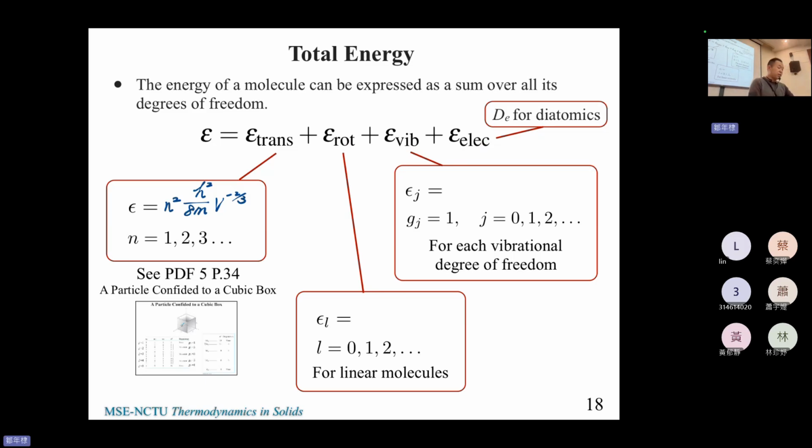You can see that in PDF page 5, page 34. You are quite familiar with that because you just finished midterm 2, right? The epsilon L is for the rotational degree of freedom: L(L+1) times h squared over 2I, with I equal to mu R squared, for linear molecules. And for the vibration, (J plus half) h nu. Okay, so those are the energy level expressions for translation, rotation, and vibration, respectively.